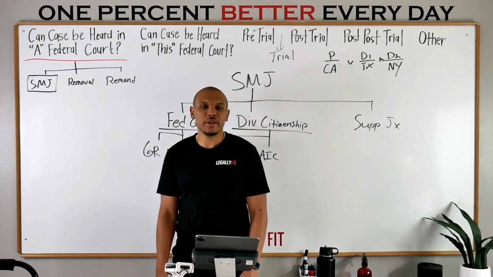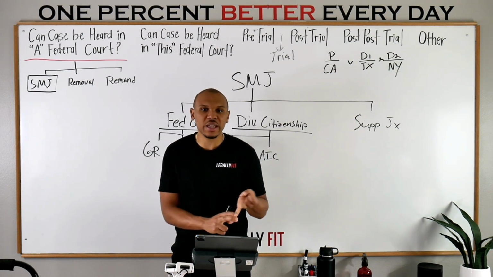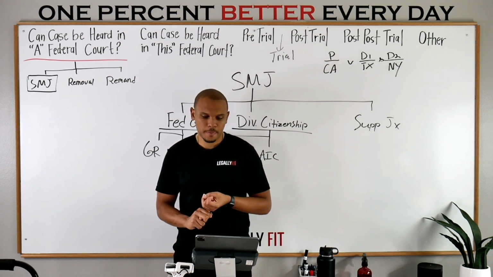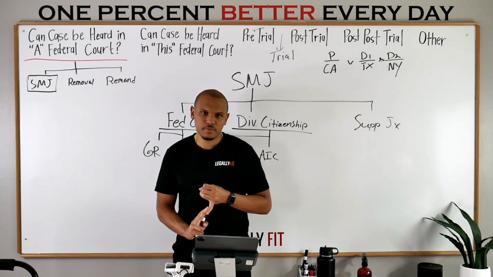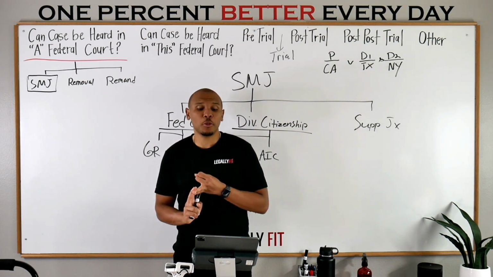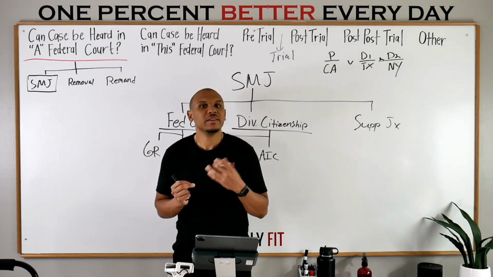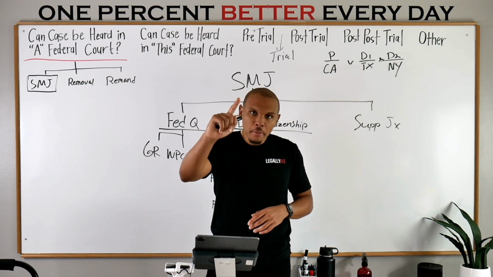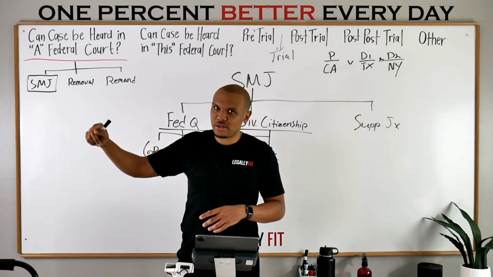Now, quick question there, Yadi. Can a business be a citizen of more than one state? Yes. Can they have multiple states of incorporation? Yes. Good. Can they have multiple principal places of business? No. Exactly. You can only have one principal place of business, but in addition to that, you can have one or more states of incorporation.